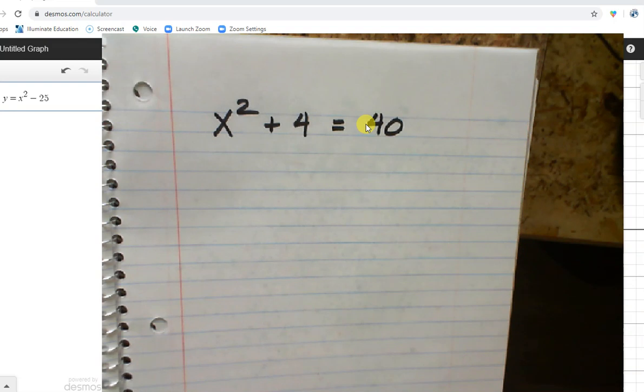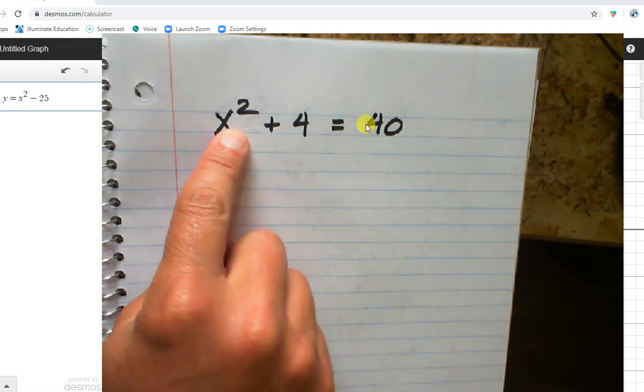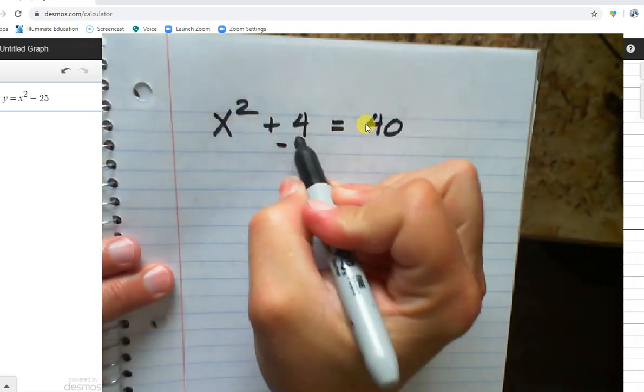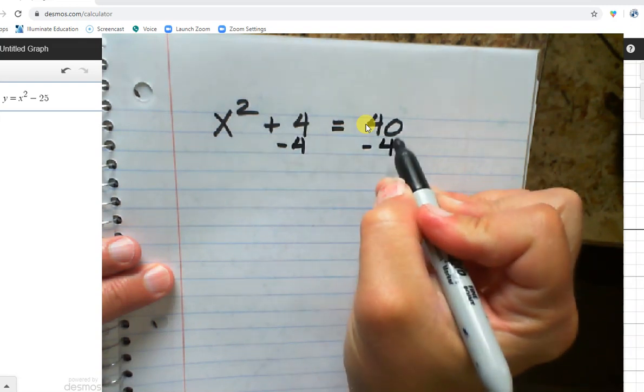Well, maybe you can do it in your head. But I'm going to show you how to do it using the rainbow poster. I'm trying to get the x squared by itself. First thing I'm going to do is subtract the 4 from both sides. You're doing this in your notes. Minus 4. Minus 4.